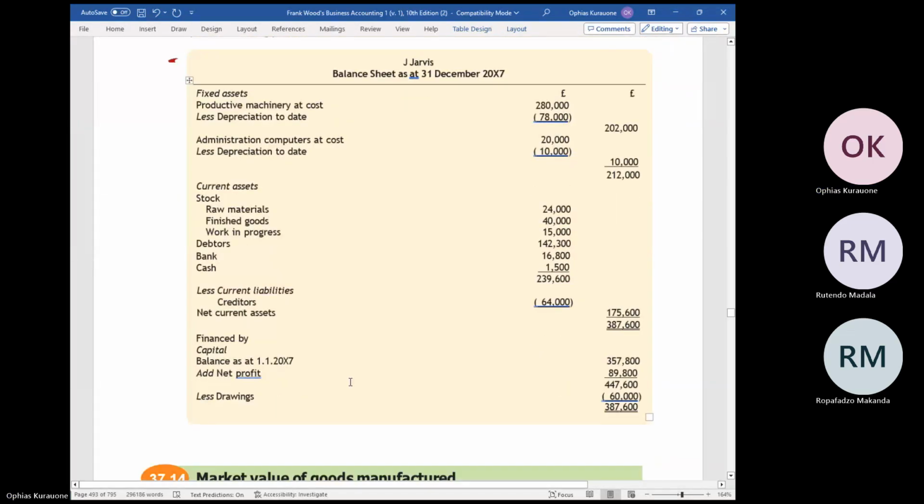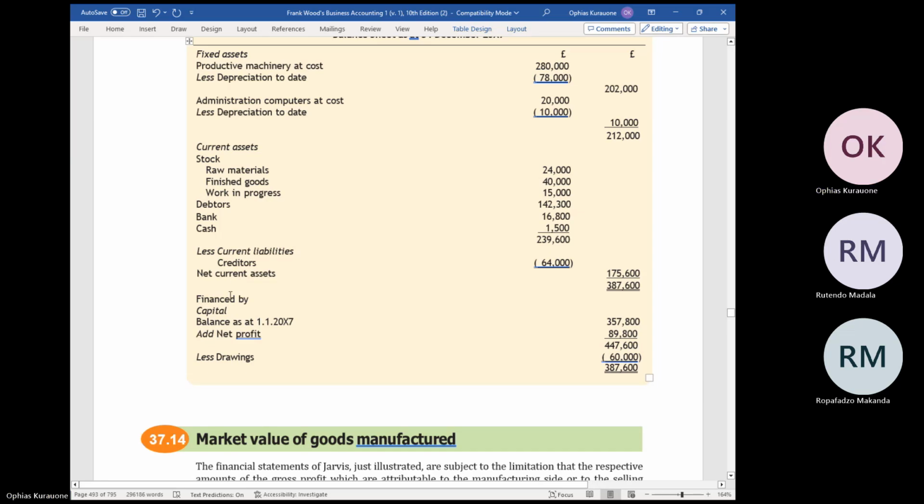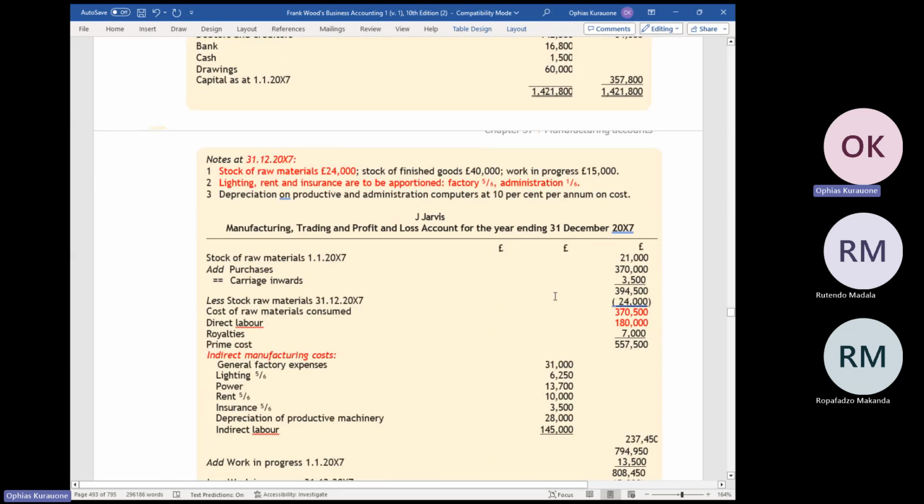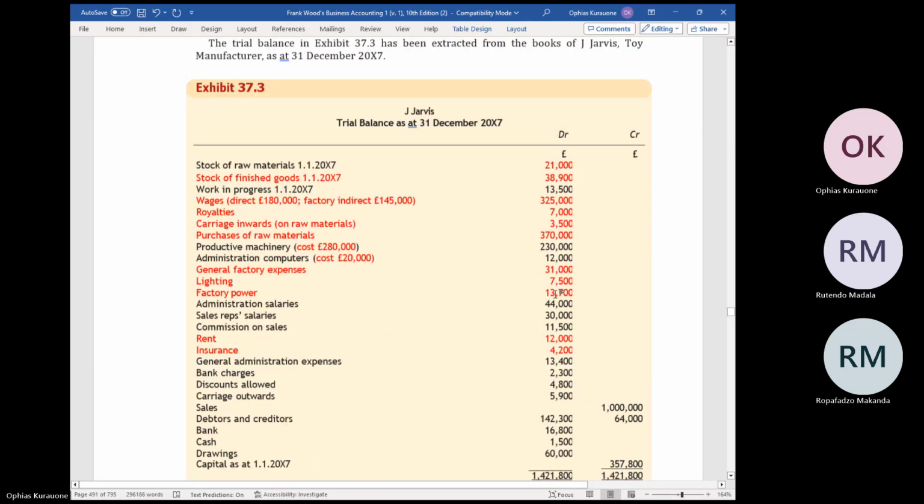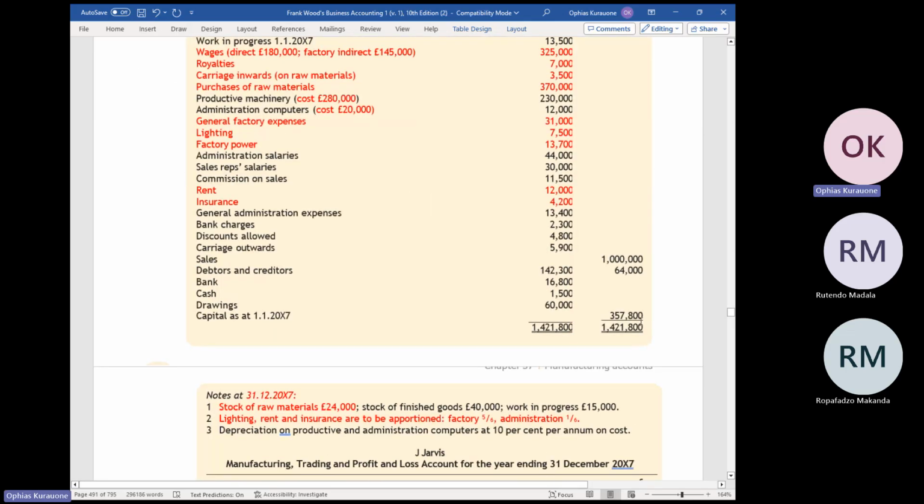Then financed by capital. We write what is given on the trial balance. The capital is given on the trial balance, here on the credit side. But the capital can be reduced by the drawings.